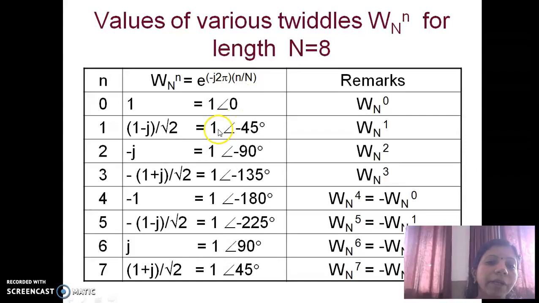By finding this value, we have 1 as the magnitude and the angle is minus 45 degrees. Similarly, for 3, we have minus of 1 plus j divided by root 2, with magnitude 1 and angle minus 135 degrees, which is called W_N raised to 3. Also, W_N raised to 4 is equal to minus of W_N raised to 0. So these values are approximately the same with a different phase shift.